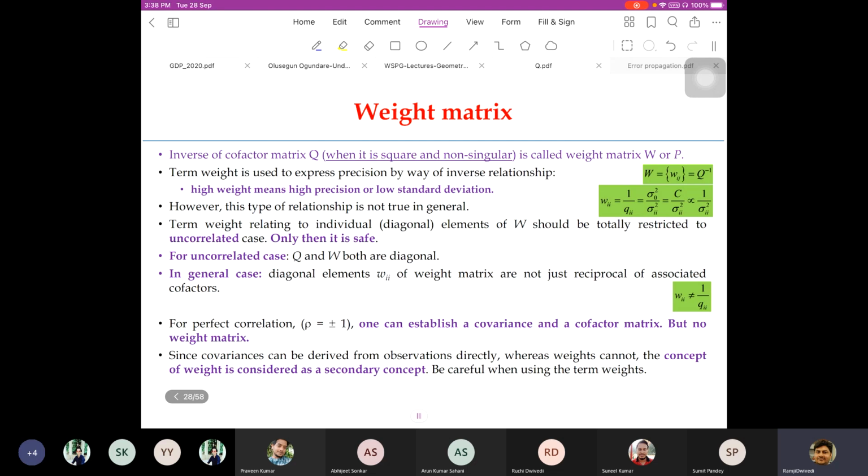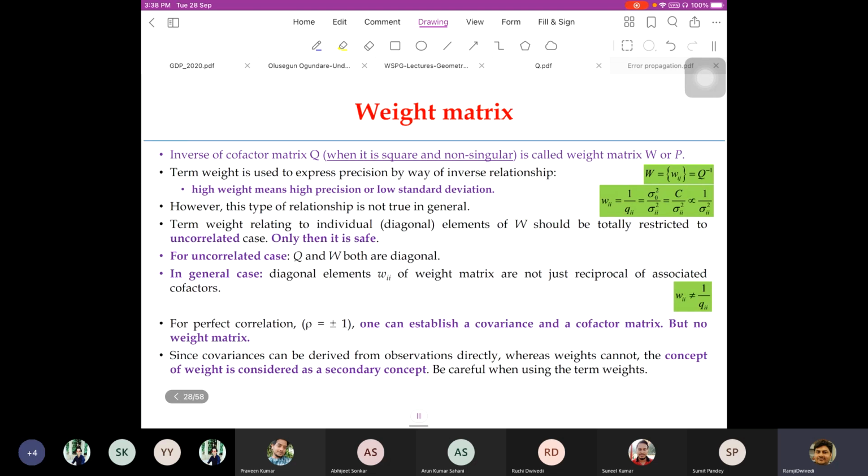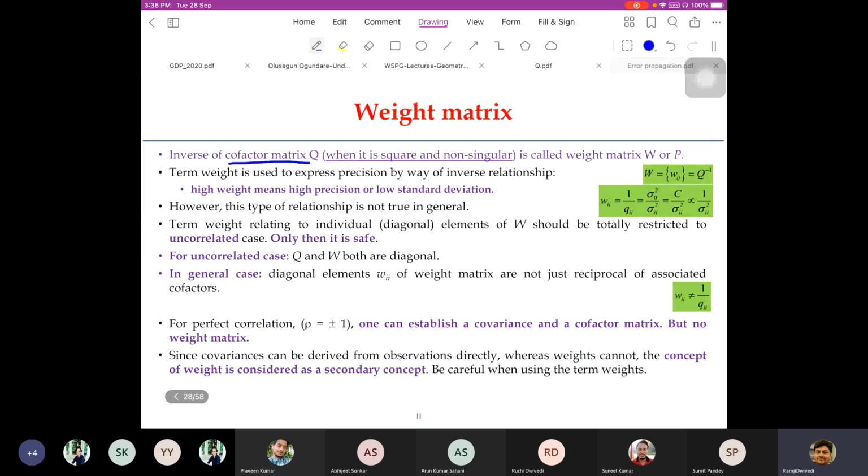So here we need to introduce what the weight matrix is. It is the inverse of the cofactor matrix. If I represent it by W, it is the inverse of the cofactor matrix when it is square and non-singular, and it is called the weight matrix W or P, also known as Q inverse.